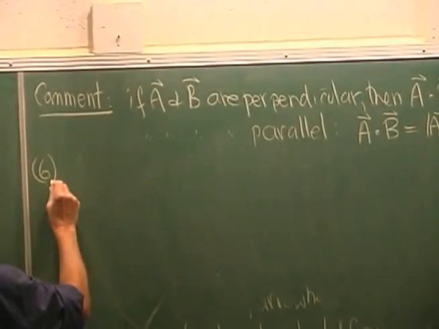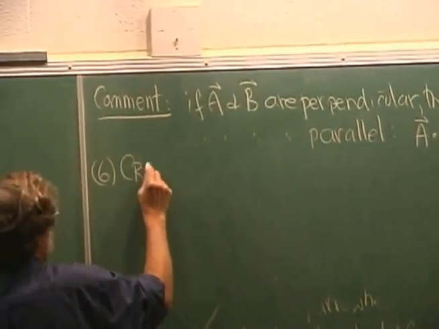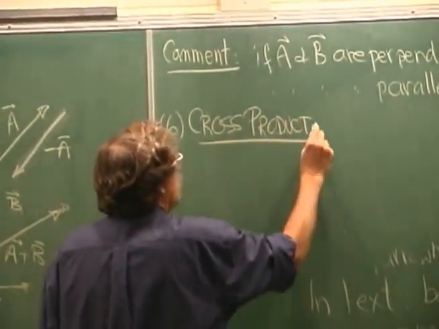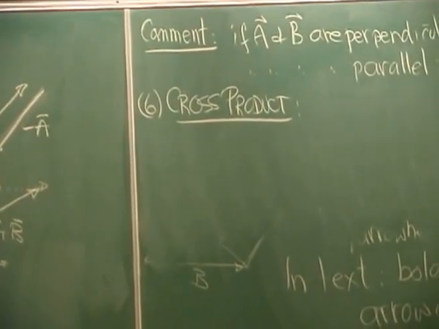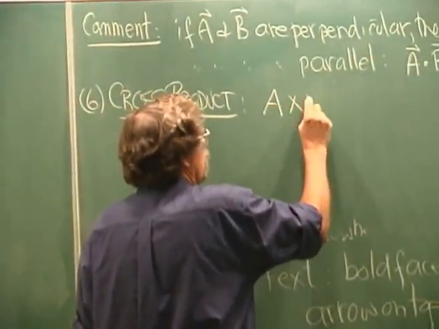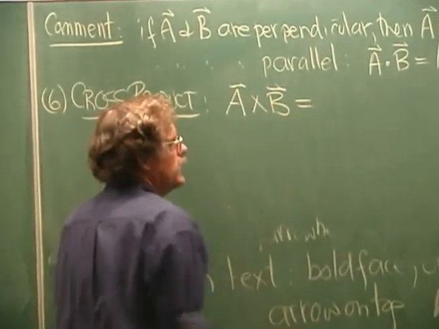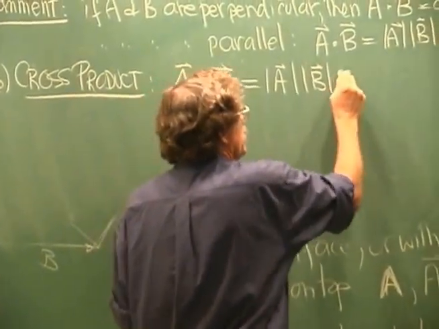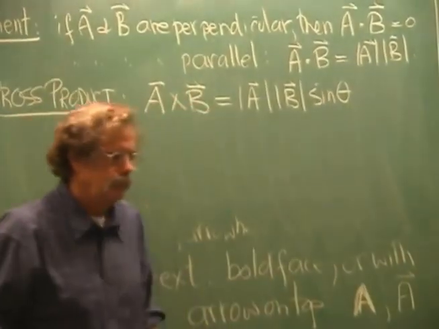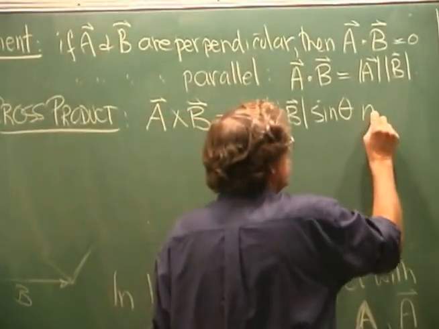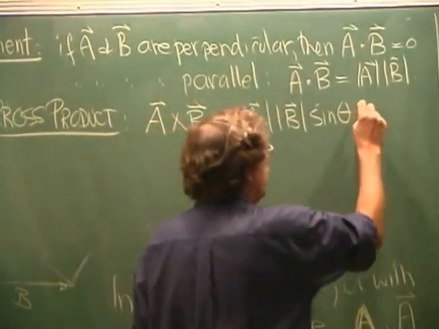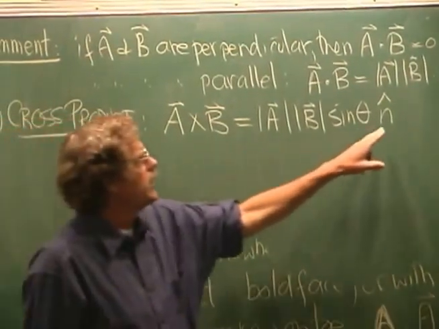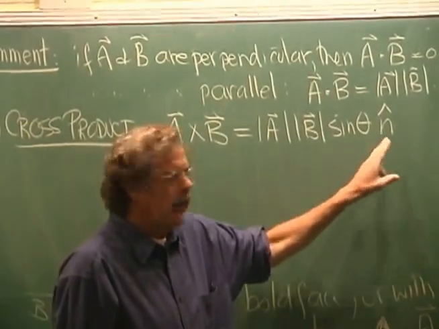Finally, the cross product of two vectors is written like this. A cross B is equal to the length of A times the length of B times the sine of the angle between them, times a unit vector of length 1, for which most people use a little hat on there to designate that's a special kind of vector of length 1.